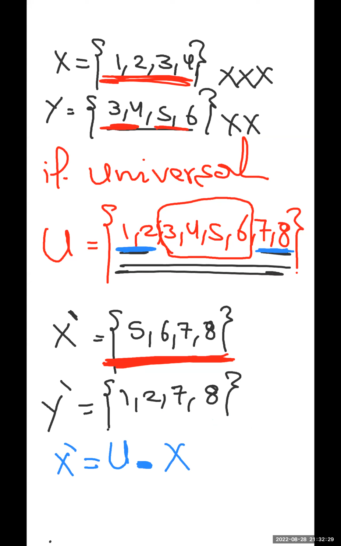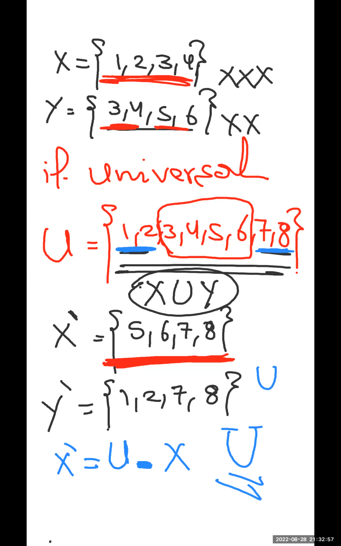Is the sign of the universal like the sign of the union? Universal, it's letter U like this. This is universal. But union, it seems like that. And of course, it will be very clear in the question if it is universal or union, because maybe the question comes like this: X, this symbol, and then Y. So X union Y, of course, by logic.